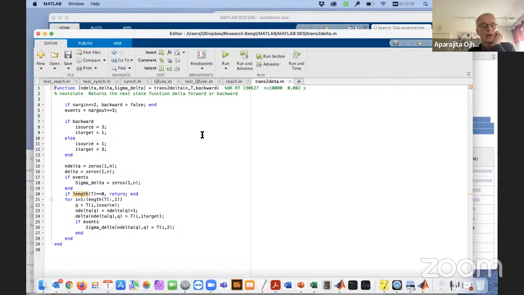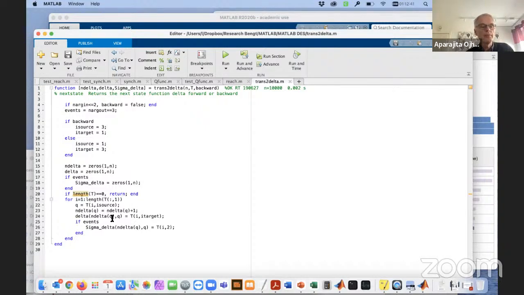And the delta function in each column generates the target states. For instance, in the first column, from the first source state, say that states 2 and 3 are the target states from state 1.